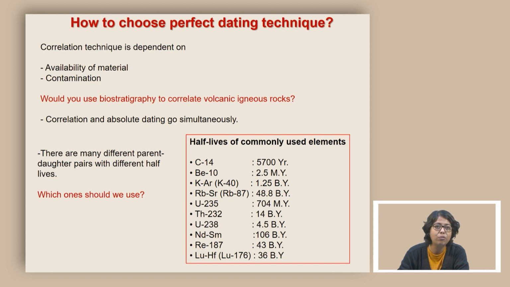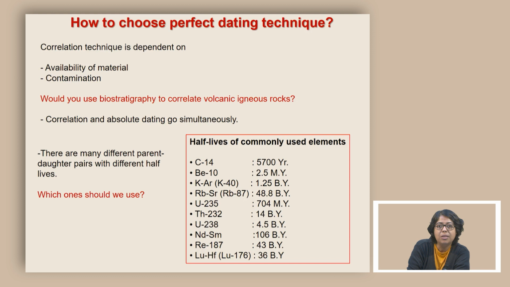If we are going for a mineral which does not have any element that we are planning to use for the dating technique, it is not going to yield anything. The second important point is we should also try to avoid contamination. If there are elements which can go in later, they can give you an age which is not going to be the perfect age of those minerals.